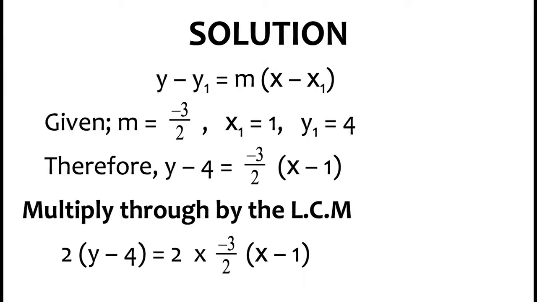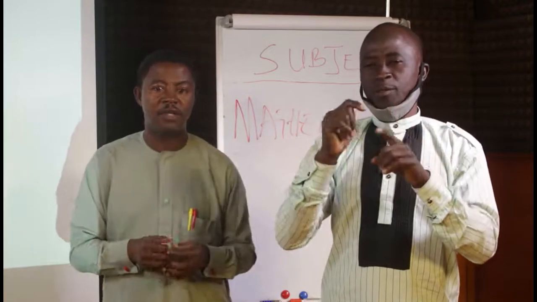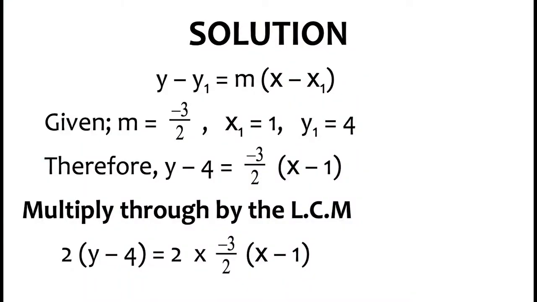The gradient was given as minus 3 over 2. The equation passes through the point (1, 4). So our x1 in this case is 1, while our y1 is 4. X comes before y.